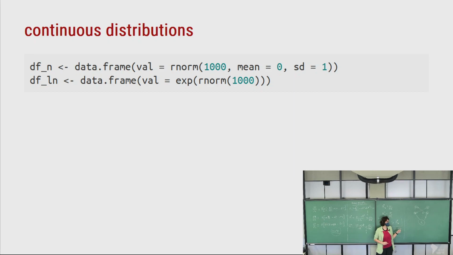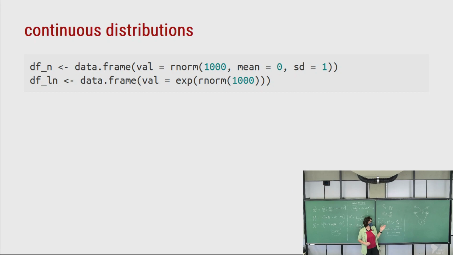And I'm putting this result in a data frame, just because I will use ggplot and I will need a data frame for plotting. But here, I want to show you that we can use rnorm. This is for randomly generating a distribution based on particular parameters. This is the default, mean 0, standard deviation 1.